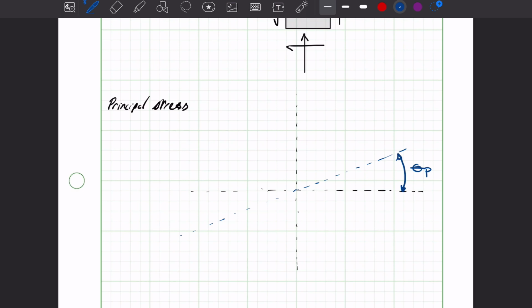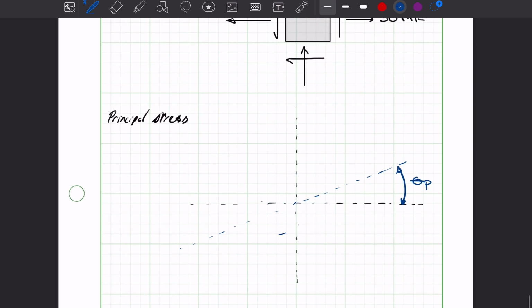What does that mean for my element? Let me see if I can get it to be a square here. Okay, not quite perfect. I'd rather draw by hand. Let me just draw it the way I would want to.